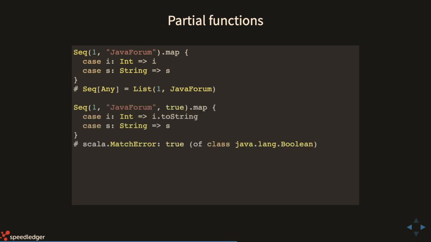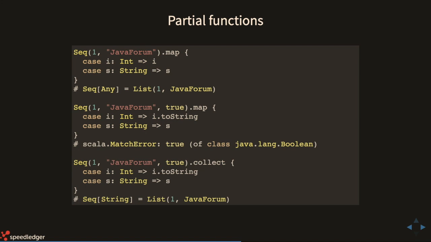But if we add a type to the list that we're not matching on, we'll get an exception. And that's good in some cases, and not so desirable in other cases. So instead of the map in this case, we could use the collect. And the collect does something really nice.